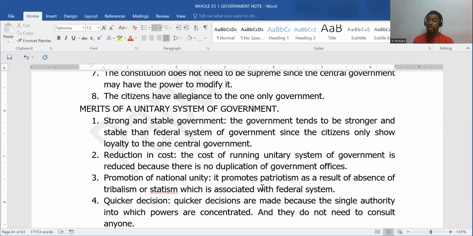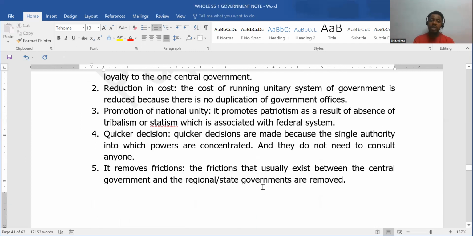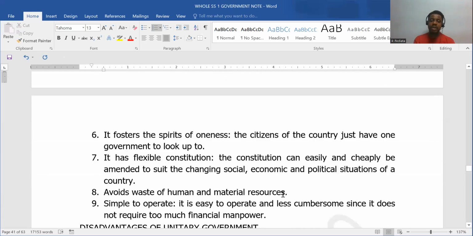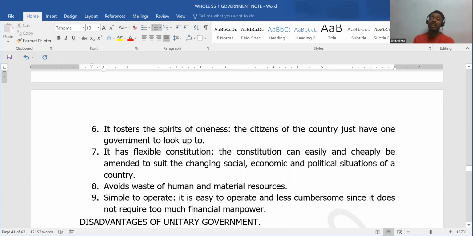So there is no room for tribes to stand strong, no room for states to emerge. And to make decisions is very, very quick because there are fewer people to consult and frictions are removed. Frictions between the central government and regional government, between the central government and the states are removed totally. It does not exist, right? So it creates the spirit of oneness, right?